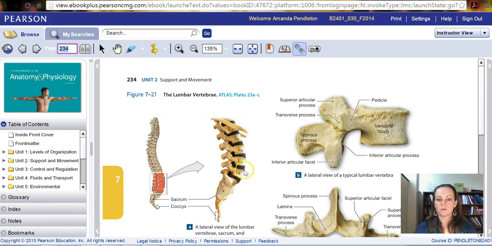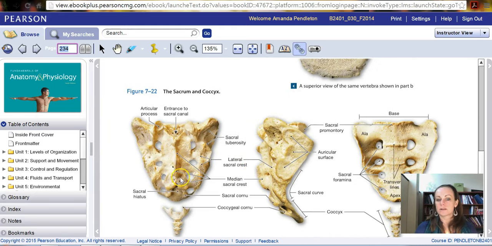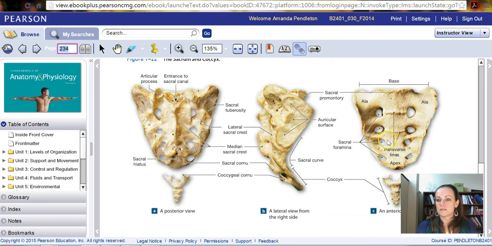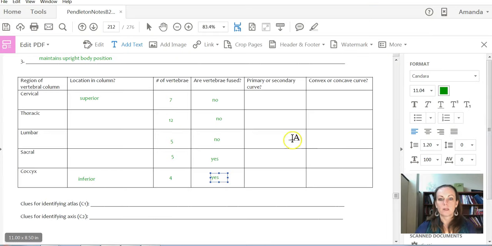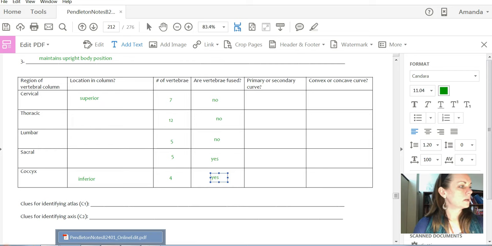Here you can see individual. They have these intervertebral discs separating them. But the sacrum and coccyx are fused, meaning the bones have actually fused together. So in development, they start out individual. This would be an individual bone, but throughout development, they fuse together so that it ends up being one fused bone.